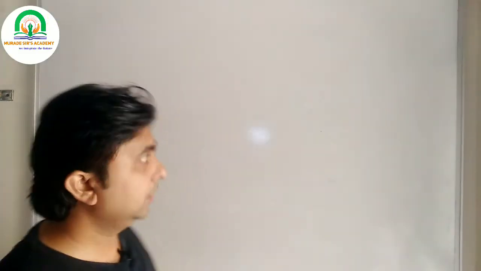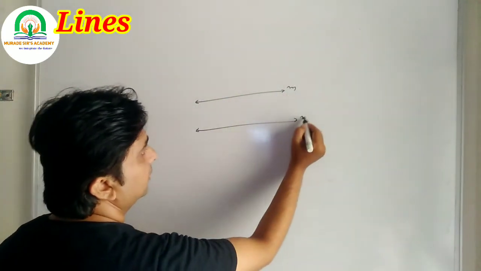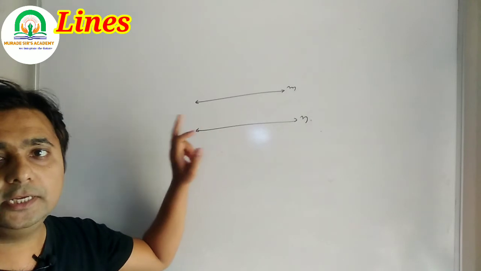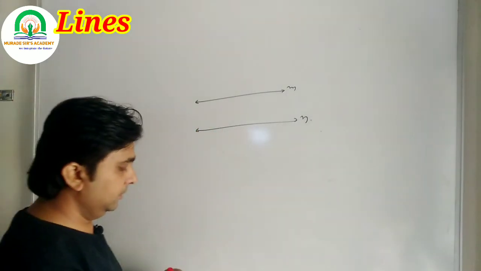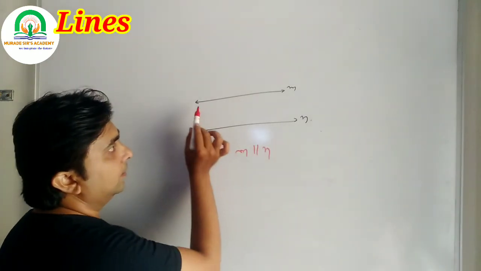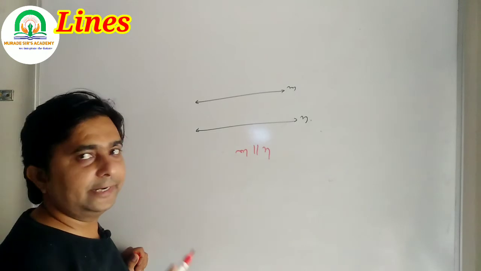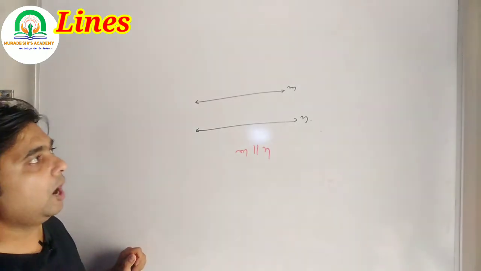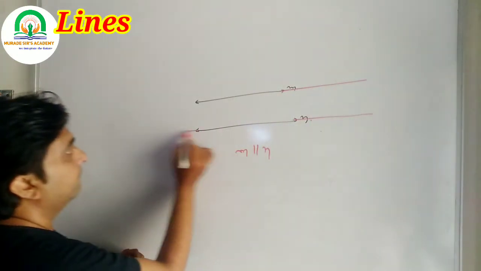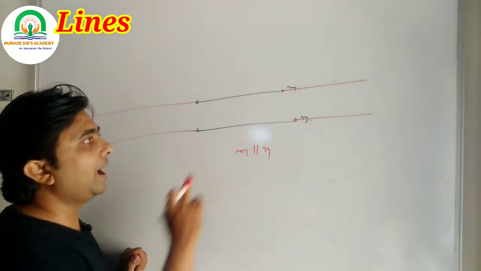Now in lines: this is line M and this is line N. Lines in the same plane which do not intersect each other are called parallel lines. M is parallel to N. Line M and line N are parallel, which means they do not intersect each other no matter how long they are. Even if we extend these lines, they do not intersect each other.